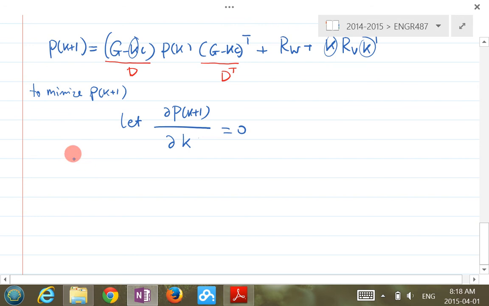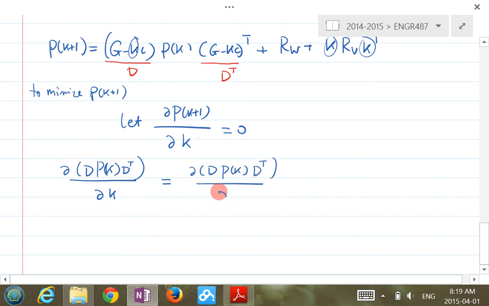For the first one, the partial derivative of D P of k D transpose over partial k, we need to use the chain rule: partial derivative with respect to D first, and then partial D over partial k next.